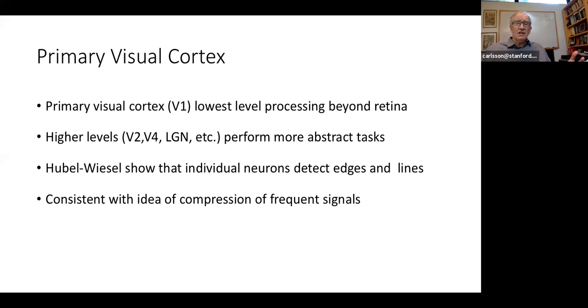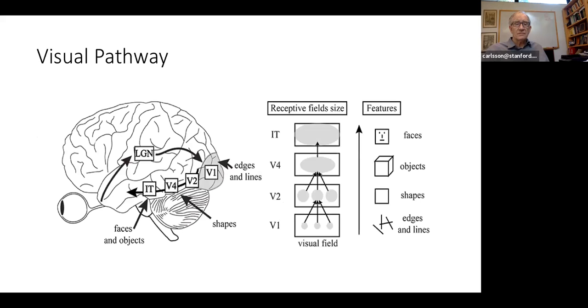Our statistical analysis is entirely consistent with what they found, which is that the primary visual cortex captures edges and lines. And here's just a picture of it. As you can see, you've got V1, which is the visual field, down at the bottom, but then you have the more complex things as you get higher up: faces, objects, and so on.